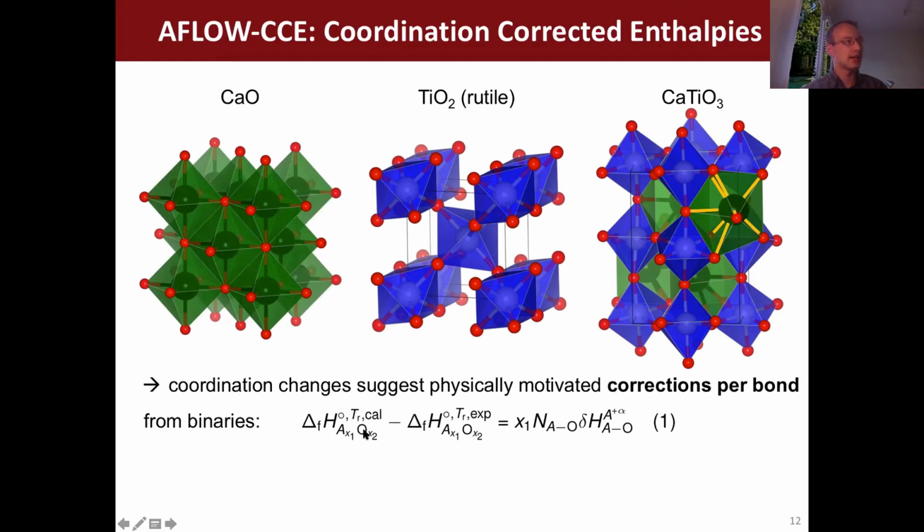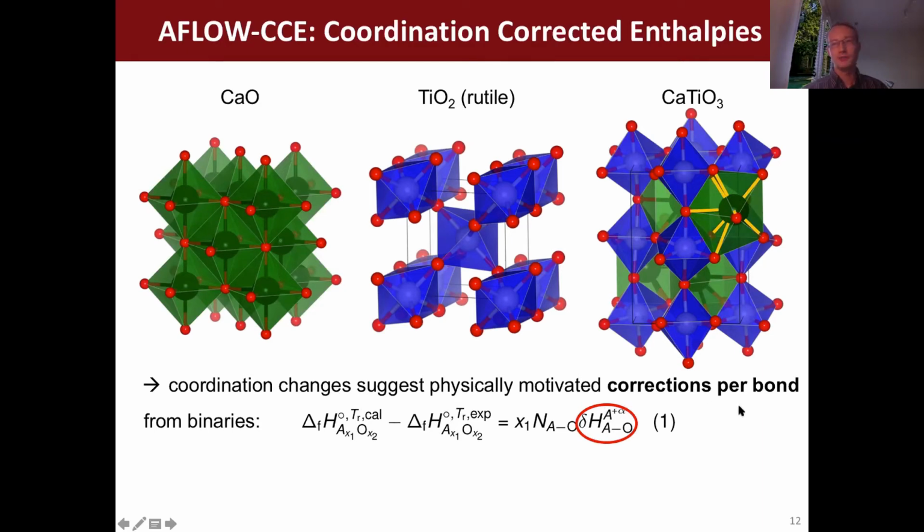So we take our calculated values for the binary systems, this is our fit set, subtract from that the experimental values, the best experimental values that we can find, and then we assign them to these corrections per bond that depend on the cation and the oxygen and also the oxidation number.